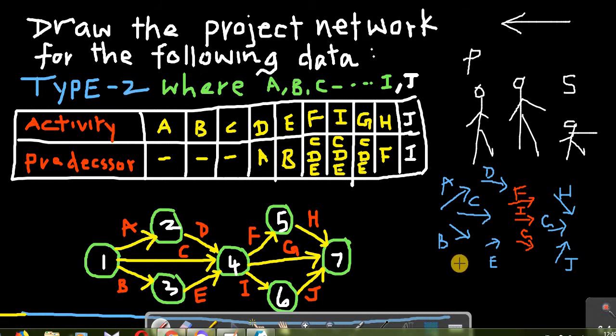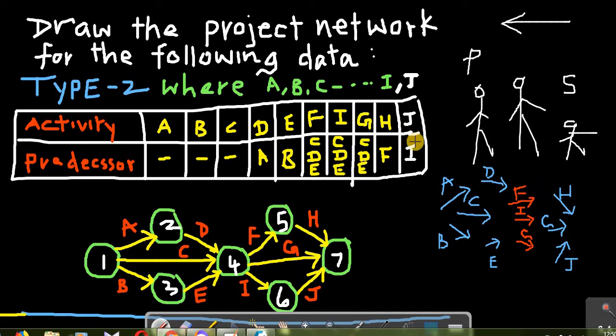Now look at that. H has a predecessor as F, or the predecessor of H is F. So H is here, its predecessor is F, so we can join there.